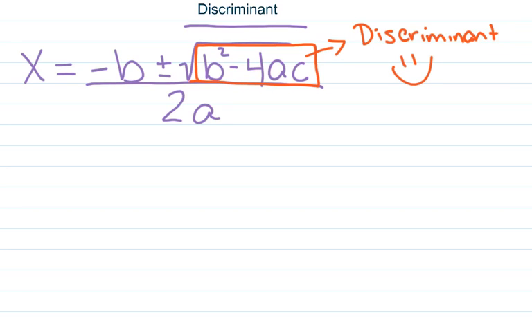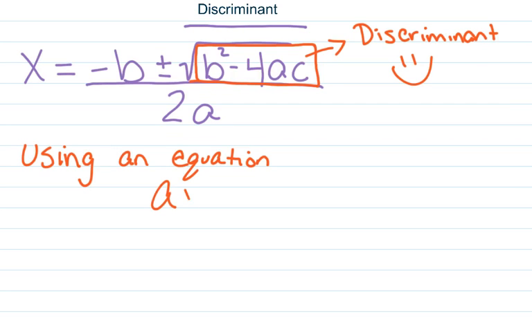Wow, okay. So again, this all comes from using an equation in the form of ax squared plus bx plus c is equal to 0.